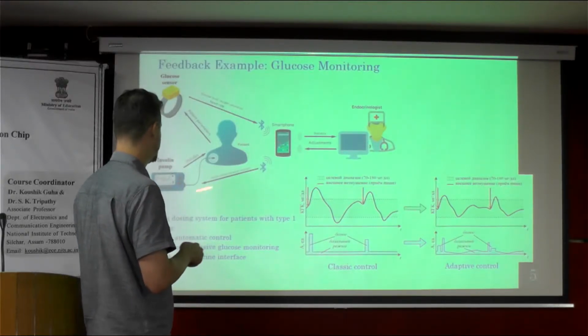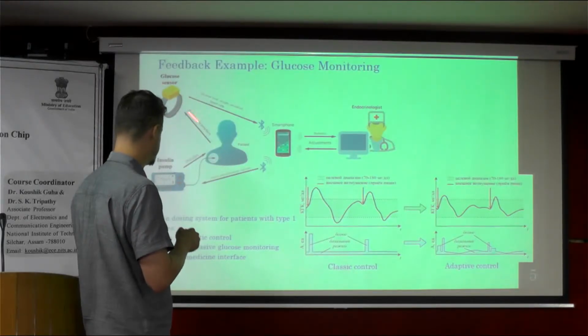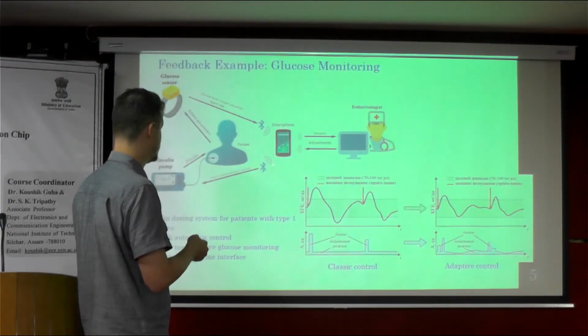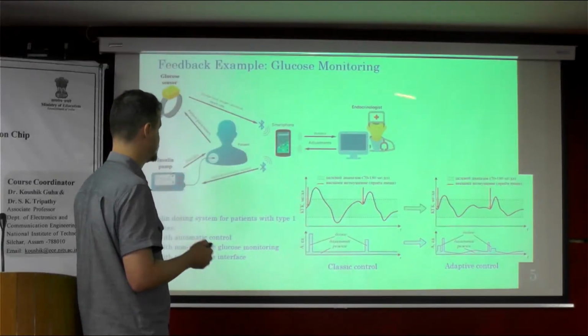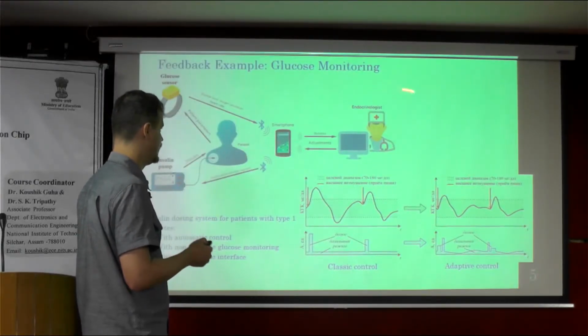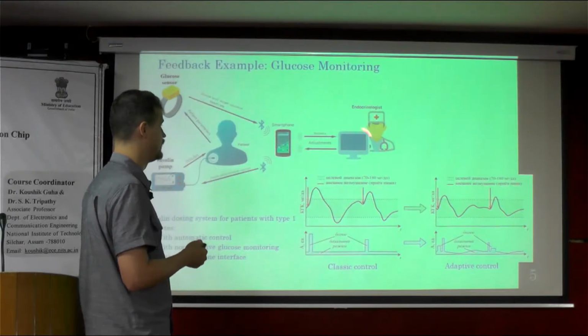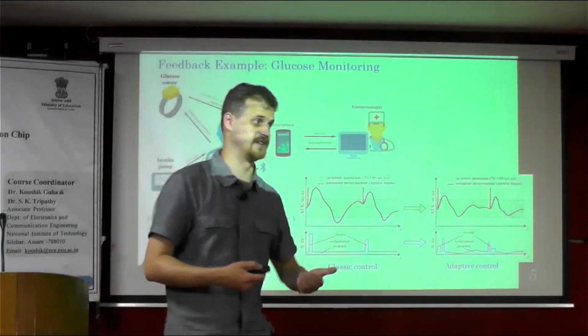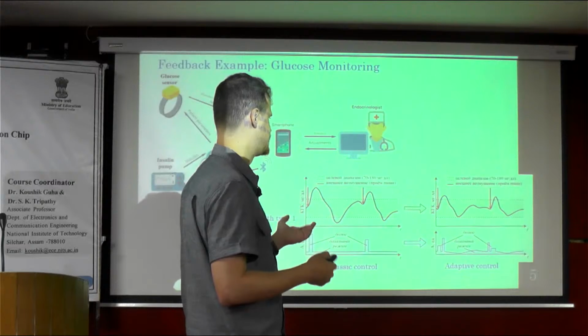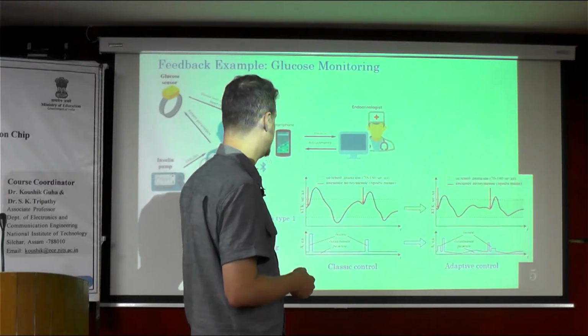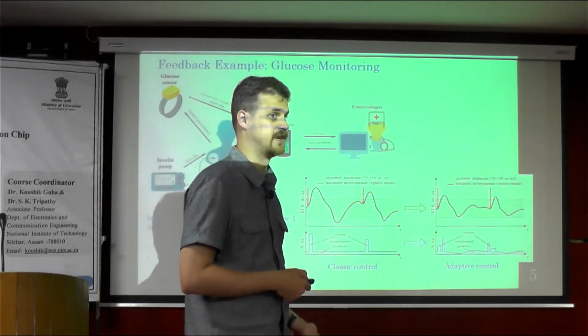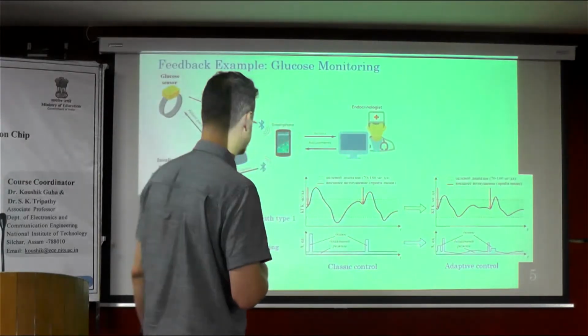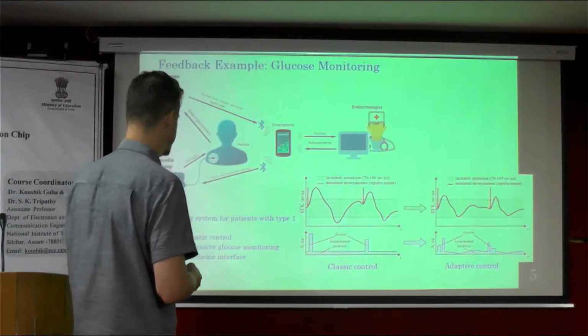The insulin pump has a feedback loop with the patient and the glucose sensor, and acquires the information from the glucose sensor directly from the smartphone. And of course, in this particular case, there should be some sort of indirect control by the endocrinologist or the specialist who actually understands what exactly is happening, what kind of data we collect, and how to adjust the work of that system in case of this glucose monitoring.